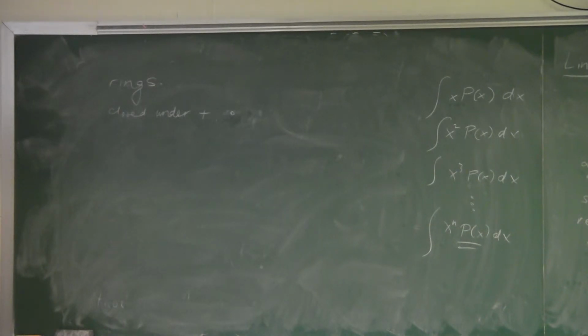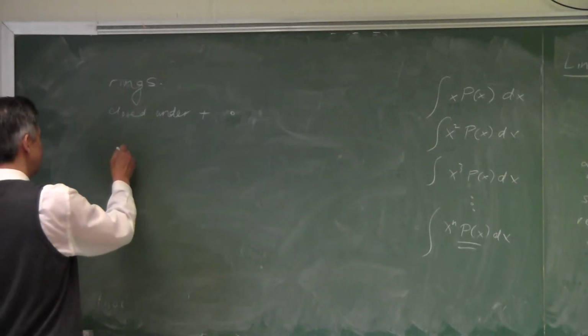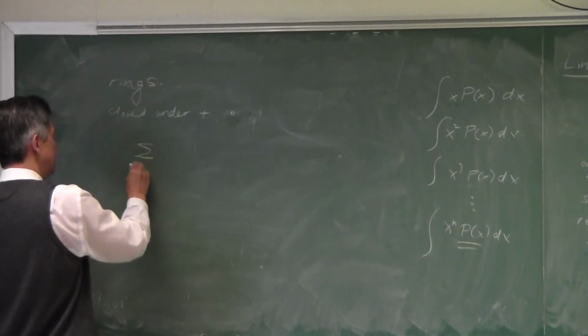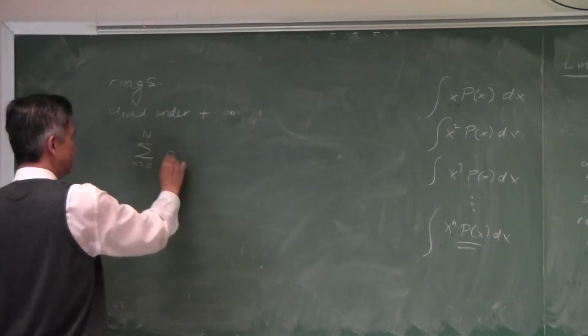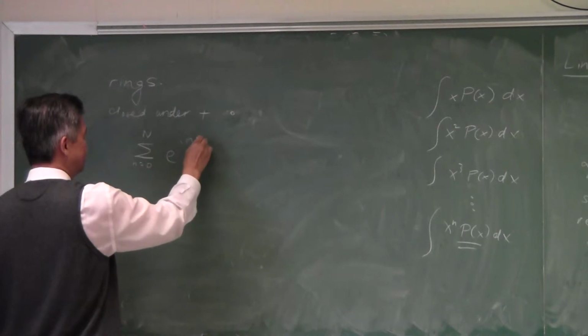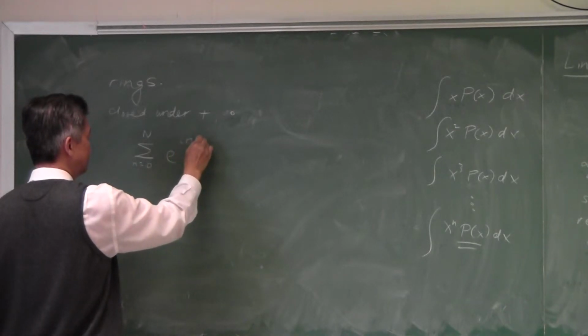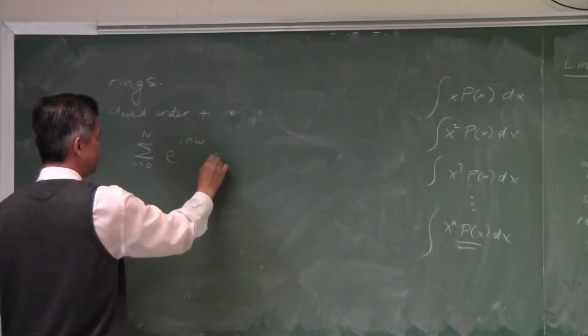You can think of the FFT as a multiplication by polynomials. What are you doing when you do an FFT? You do the sum over n of e to the i n times the number a_n, right?